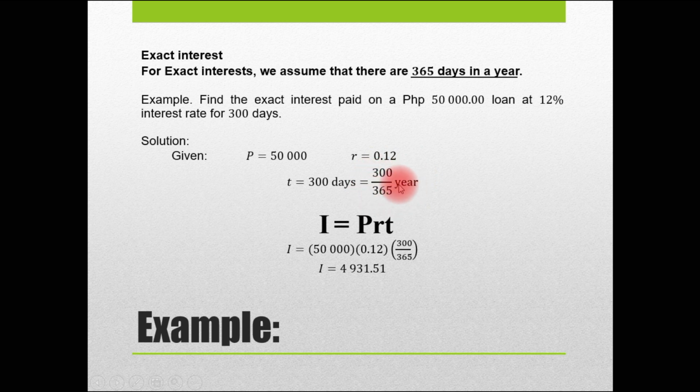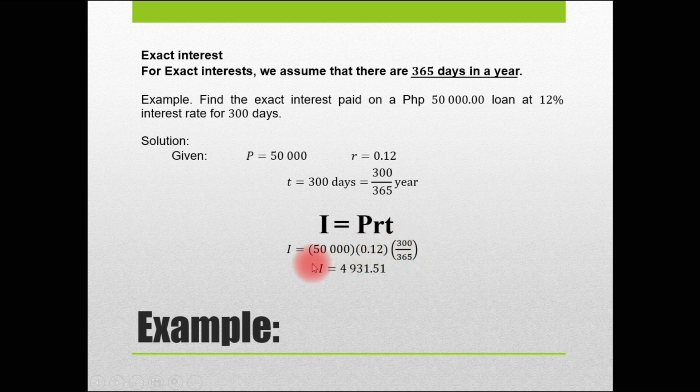Okay, kanina 300 over 360, ngayon 300 over 365. Okay, so same formula pa din. Interest is equal to the product of principal, rate, and time. We substitute the given. We have 50,000 times 0.12 times 300 over 365.